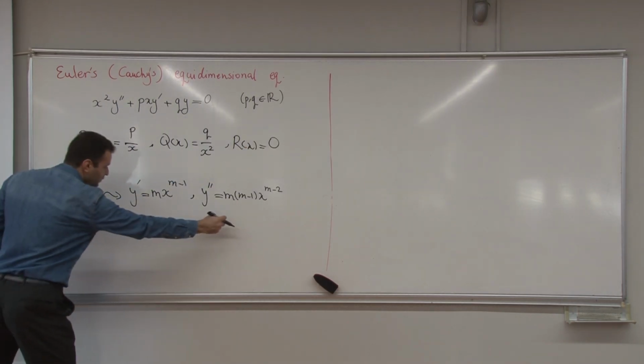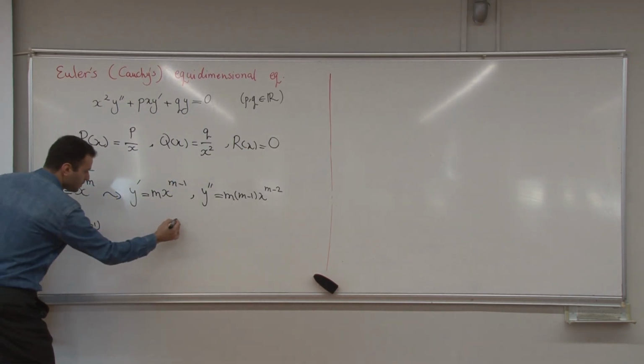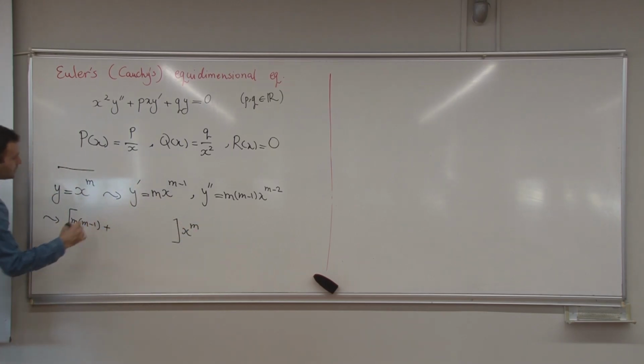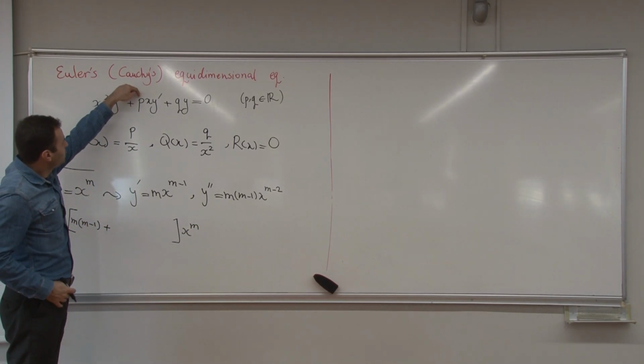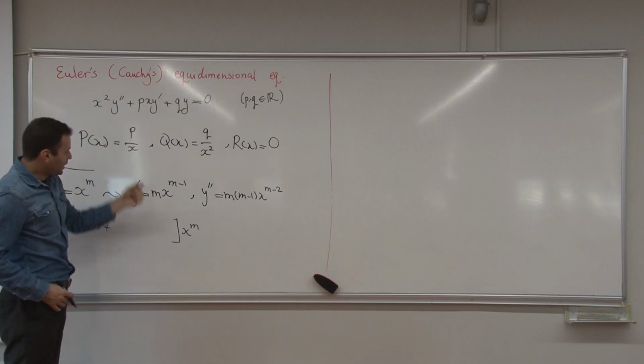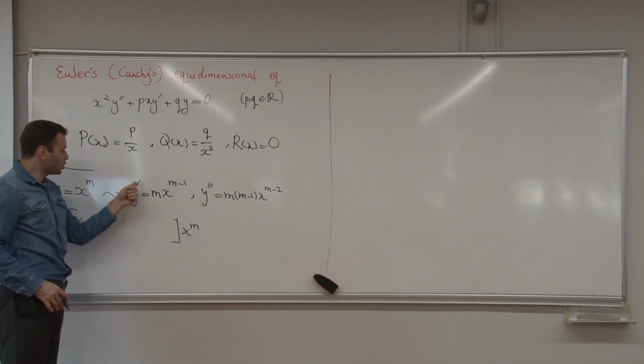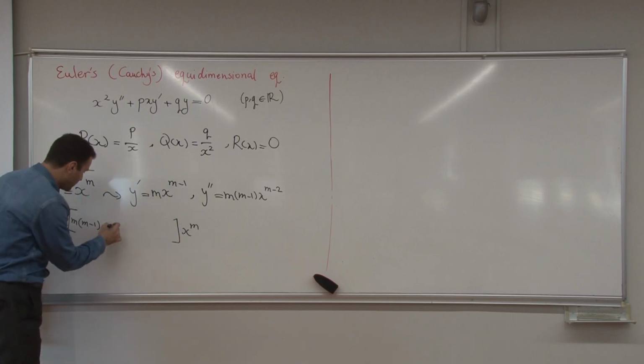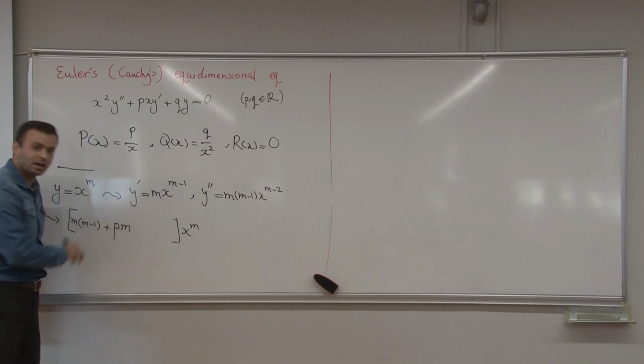I'm taking a factor of x to the power of m out. Plus, what do I have here? P(x) multiplied by this one, so it is going to be pm x to the power of m. I'm writing x to the power of m here, and pm here.